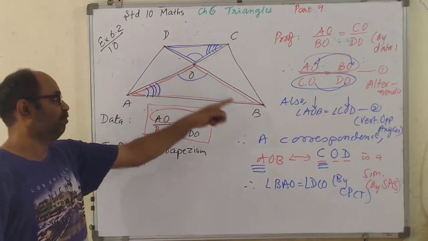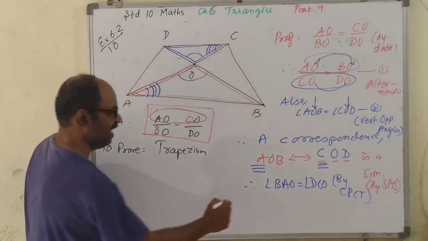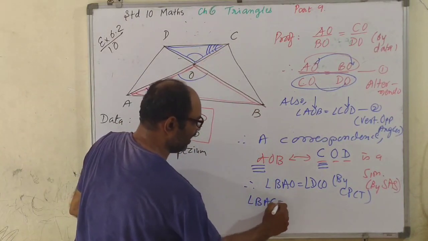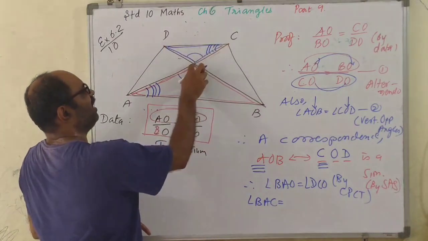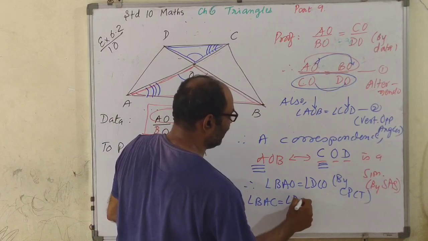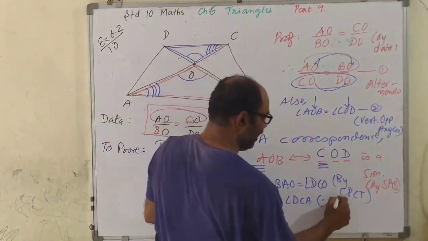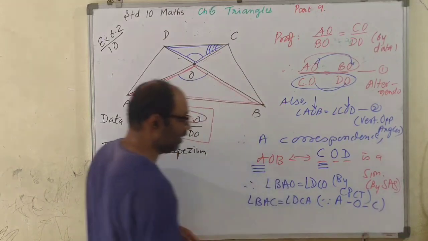Now instead of BAO I can write BAC, angle BAC is equal to, instead of DCO I can write DCA, one and the same angle, angle DCA, because of A-O-C.